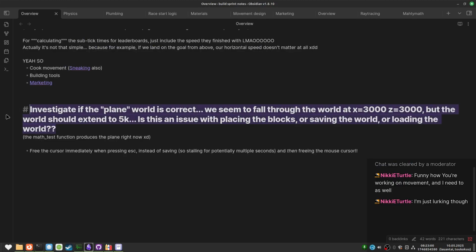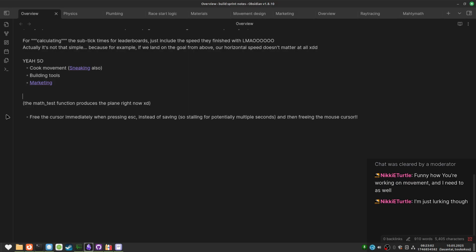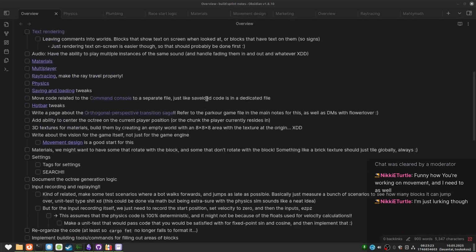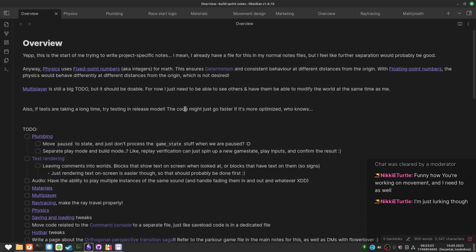This is correct. What I need to do is make the friction feel nice, then just make levels basically. And to make levels, I might make some more block materials, like nice looking ones. But I think friction, make levels, make a page, and then make materials, make it look nicer. We'll see.